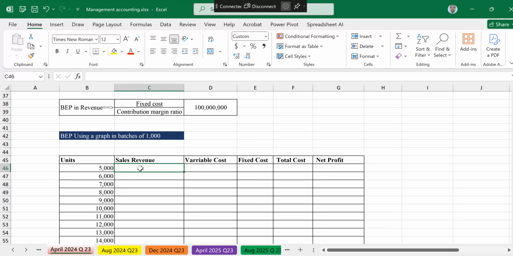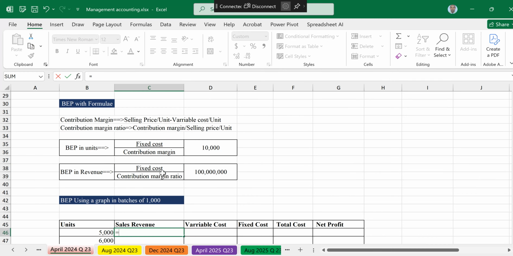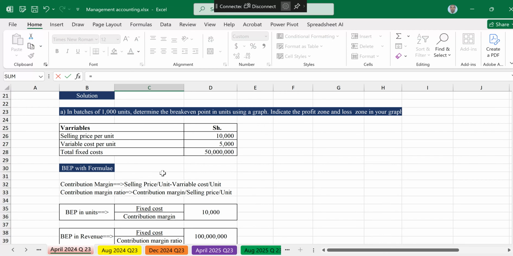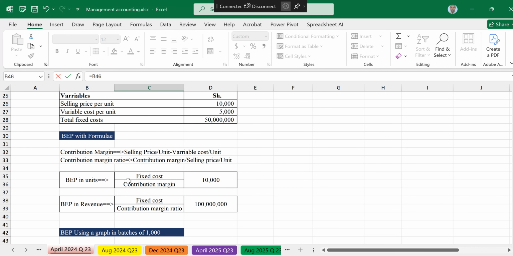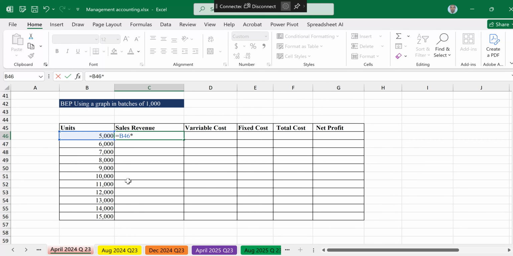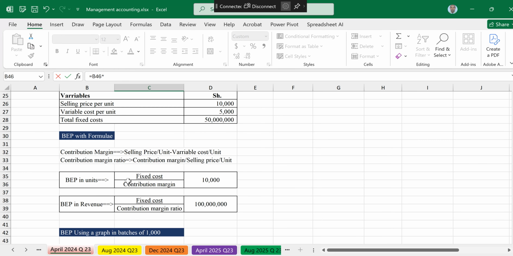Now sales revenue will be equal sign. What is the sales price per unit? Sales price per unit is 10,000. So that means the sales revenue will be the 5,000 that we have on units, times, move up and click on the 10,000 under variables.